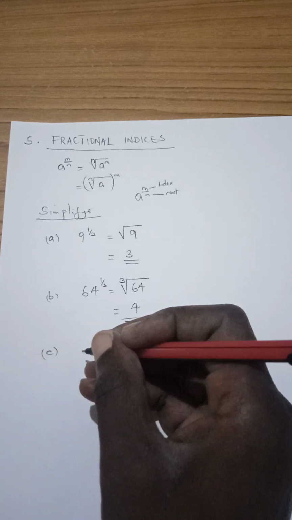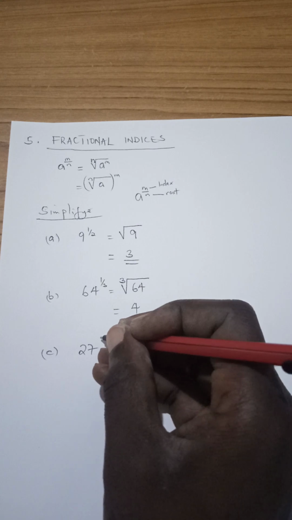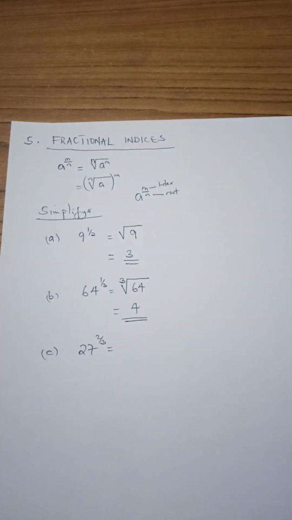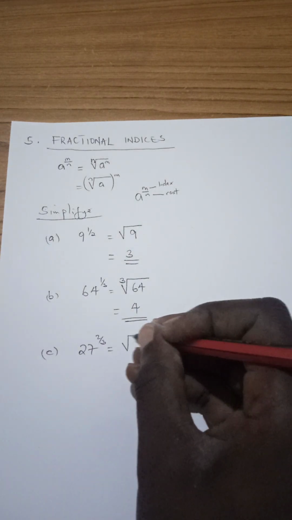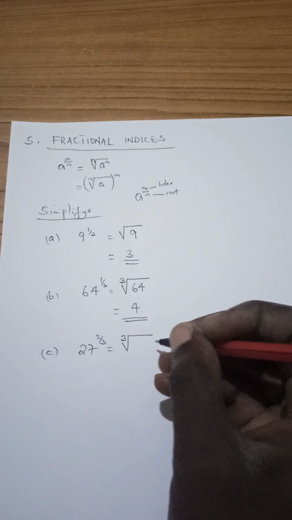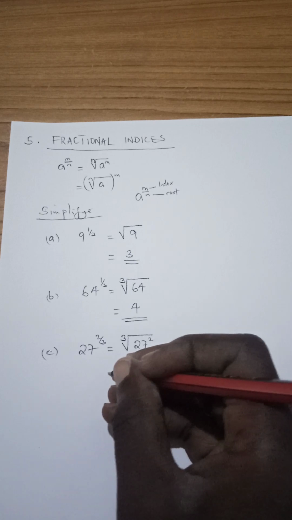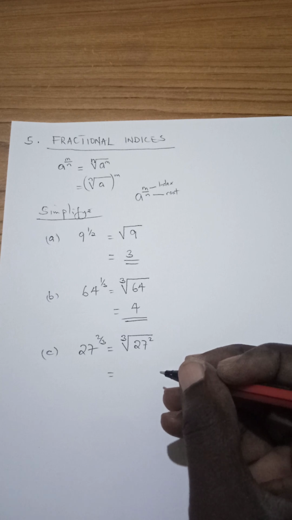Then the third one, let's try and evaluate 27 raised to 2 over 3. Okay, so this one also, let's change its form. The root is the cube root, and then we have 27 squared. Now if I'm to look at 27 squared, it would be some big number such that finding its cube root will still give me problems.